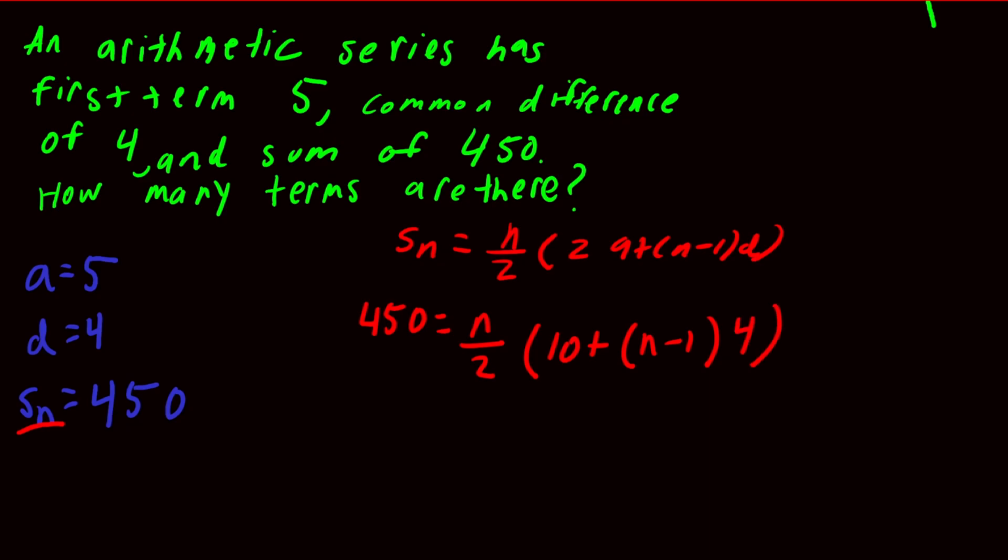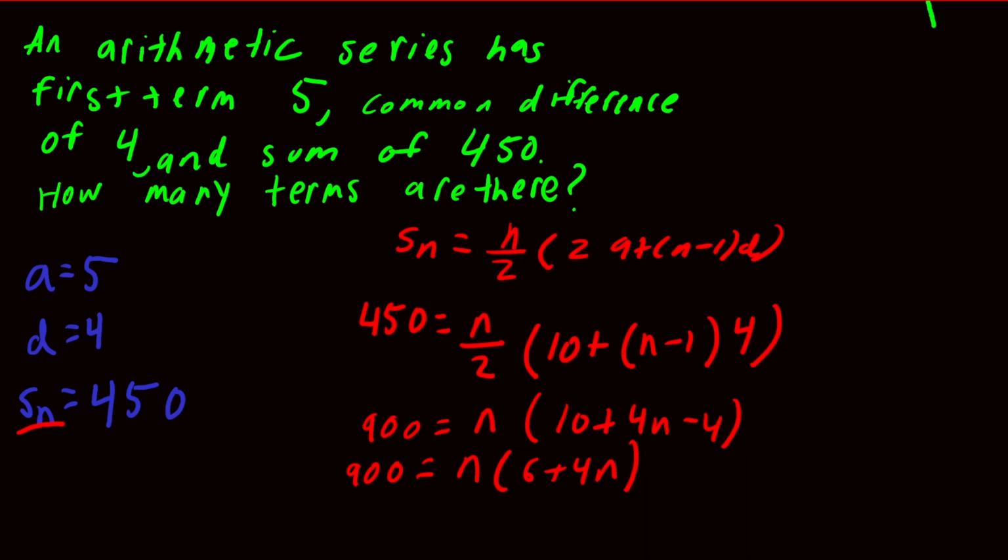So now we're going to have to do a little bit of simplification. I'm going to multiply both sides by 2, so this would be 900 equals n times 10 plus 4n minus 4. So 900 equals n times 6 plus 4n, okay? Alright, so we see we're going to get a quadratic, and we will get 4n squared plus 6n minus 900 equals 0.